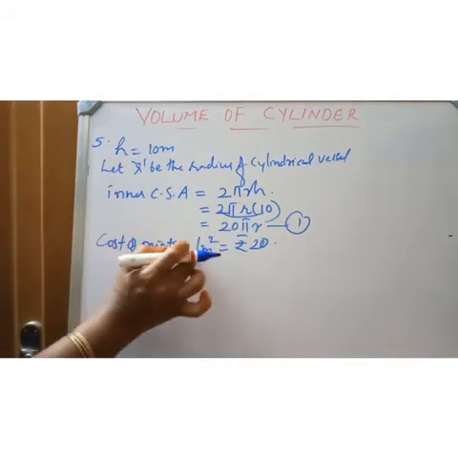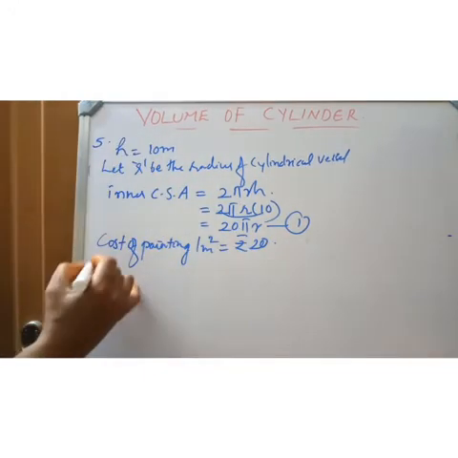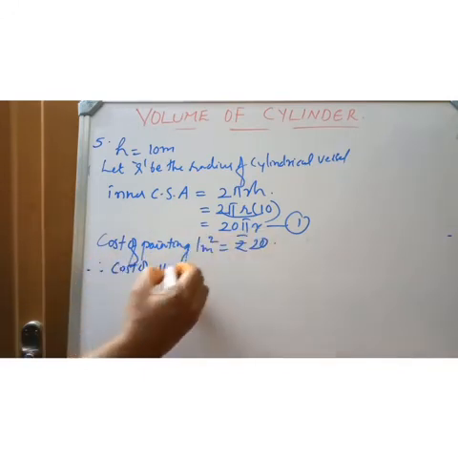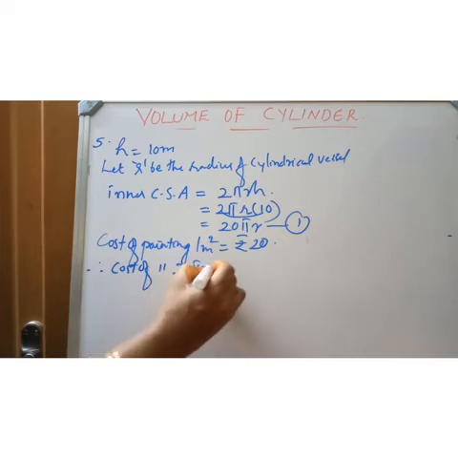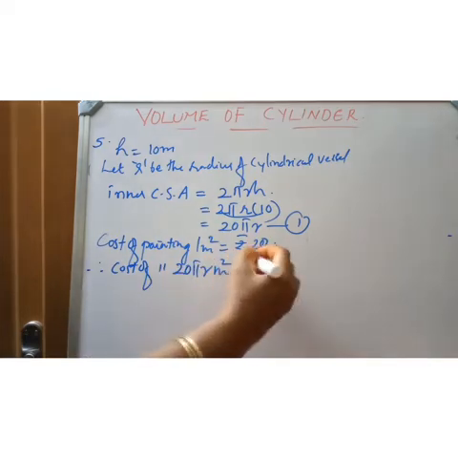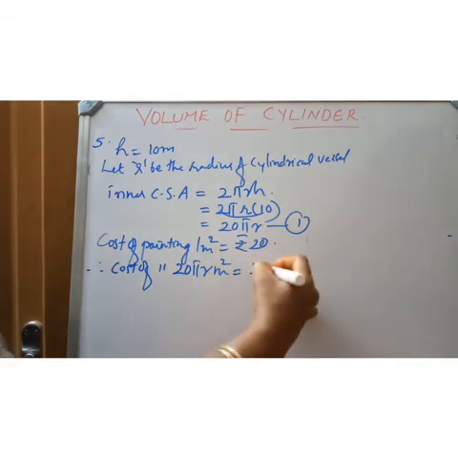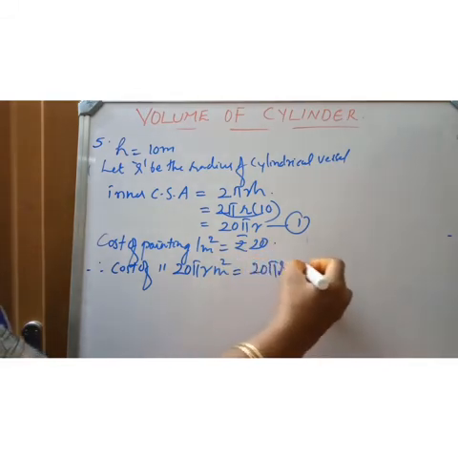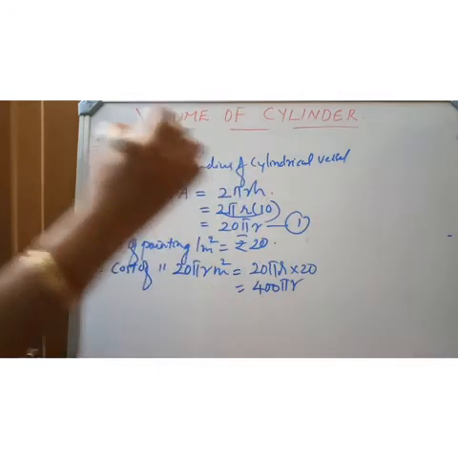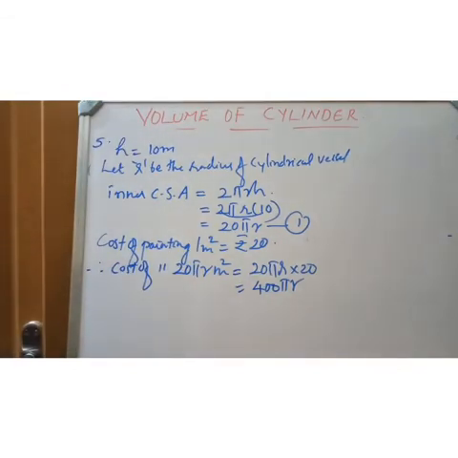For cost of painting 1 meter square is rupees 20, therefore cost of painting 20 pi r meter square is equal to 20 pi r into 20. So 2 2s are 4 followed by 2 zeros, 400 pi r.